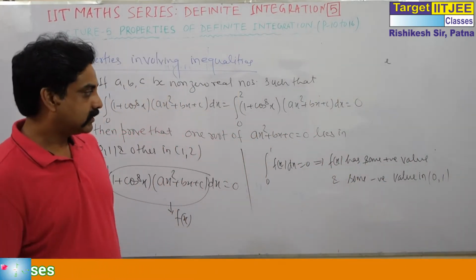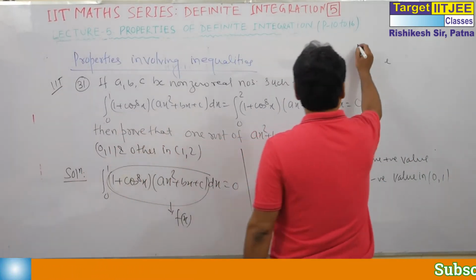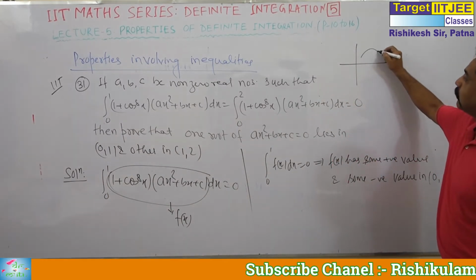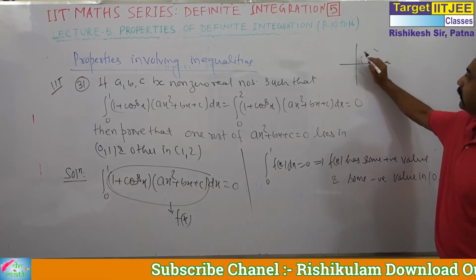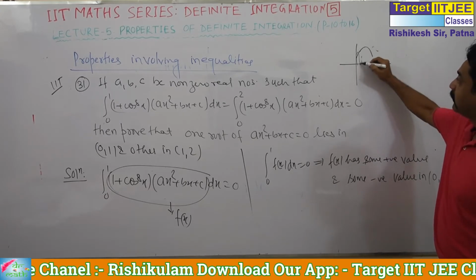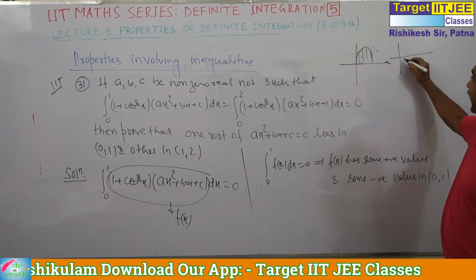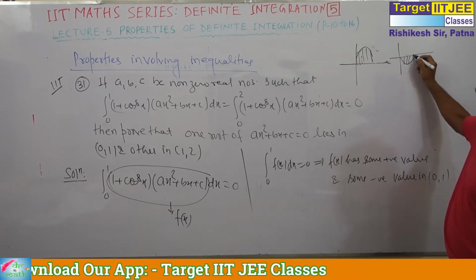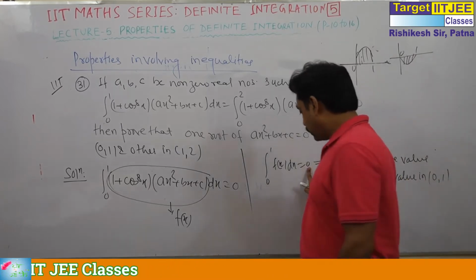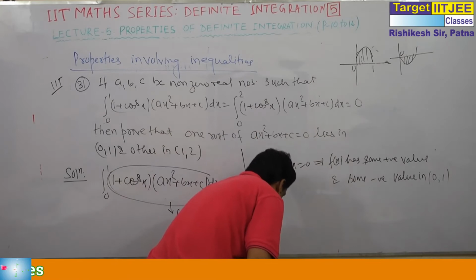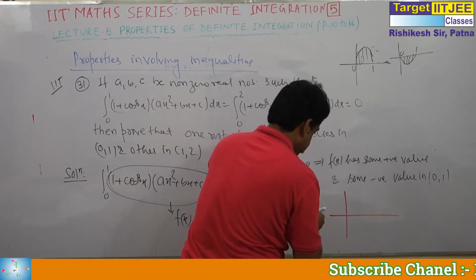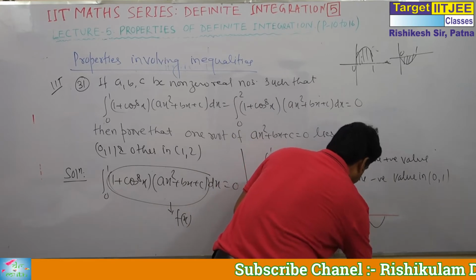I think you got it. Okay, did you understand? See the converse. If f(x) is only positive in 0 to 1, if f(x) lies above the x-axis in 0 to 1, then its value is positive. If f(x) lies below, then its value is negative. But since it is 0, it means f(x) covers both positive and negative values in 0 to 1.